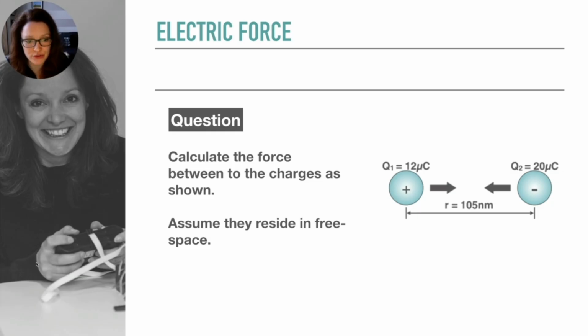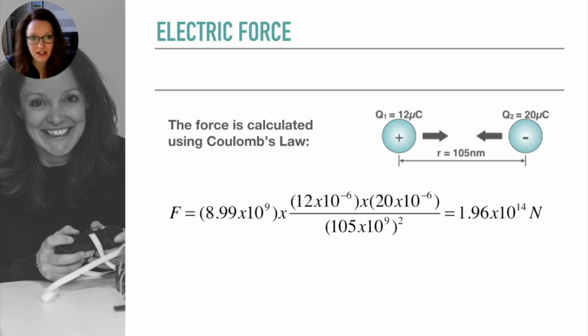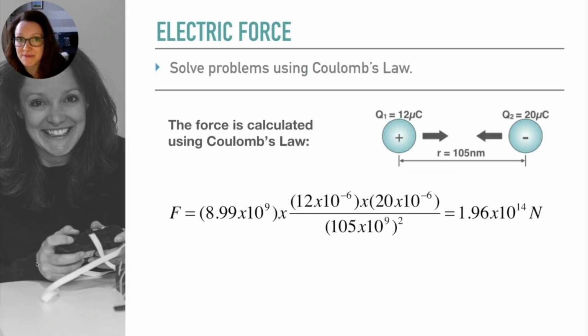So all you would simply do is you would pop in the numbers. So F equals, it's free space, so we can use 8.99 times 10 to the 9 times Q1, which is 12 microcoulombs, it's 12 times 10 to the minus 6, times Q2, which is 20 microcoulombs, so it's 20 times 10 to the minus 6, divided by the distance between the centre of the two spheres, and that's 105 nanometers.